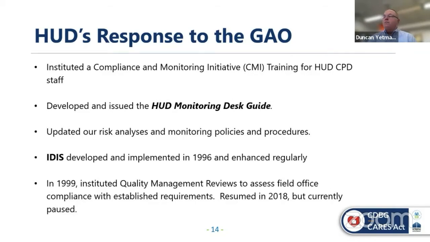So HUD has been in the practice since that 1994 report by GAO of improving its monitoring systems and is constantly at work at improving the monitoring response and activities of its grantees. So we always see room for improvement in our monitoring and with our grantees and their monitoring.